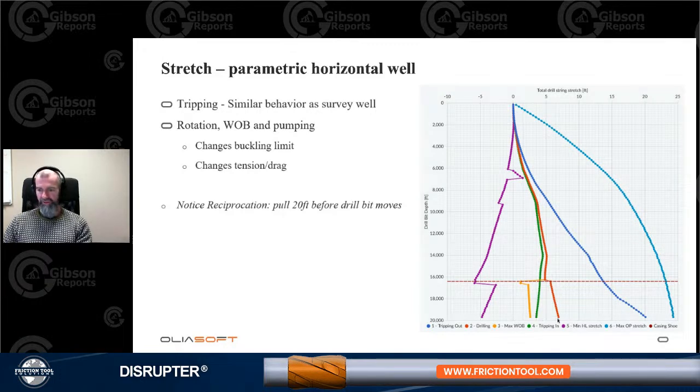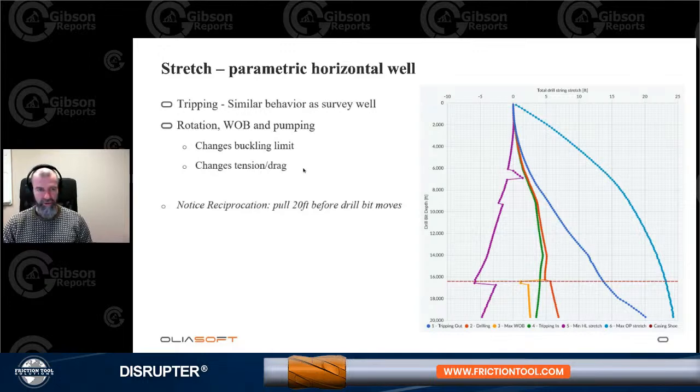So we're probably running this analysis with a reasonably high weight on the bit, but you can see how it changes. The green one is the tripping in line. I tripped in here with a few different velocities. Sorry for those who can't see the difference between green and red here, but the left one is the tripping in, and the red one on the right side is the drilling.